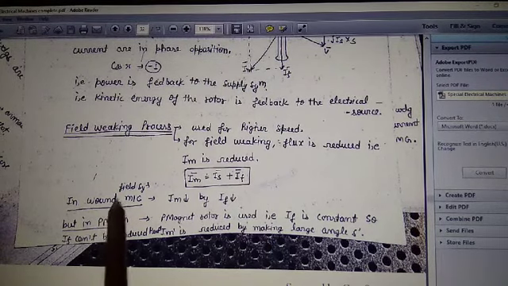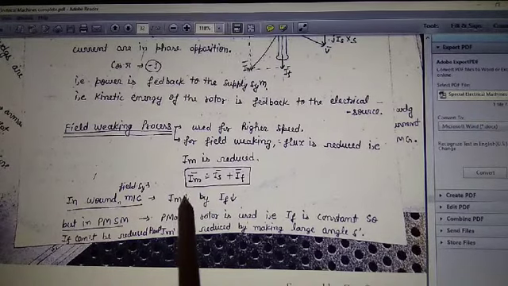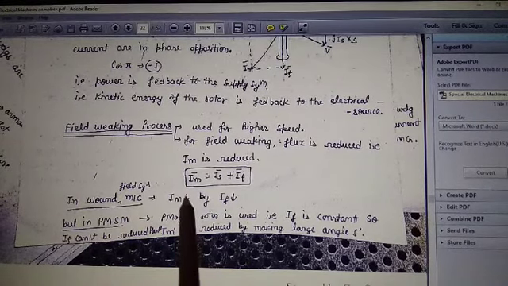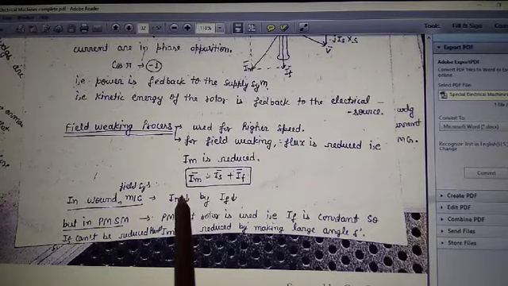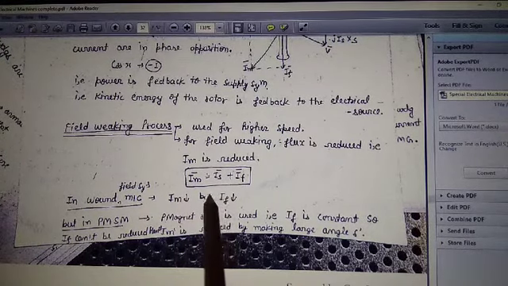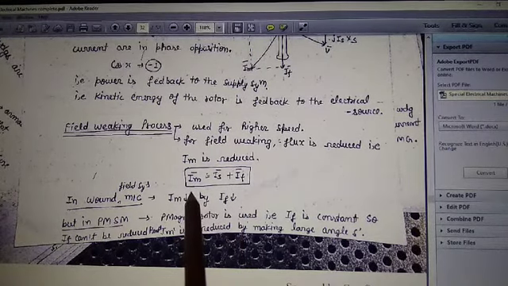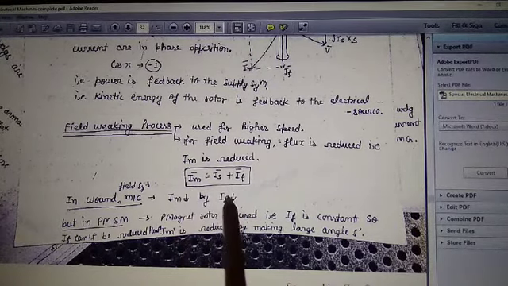In the wound field synchronous machine, we apply the technique to decrease the magnetizing current by the field current, okay.